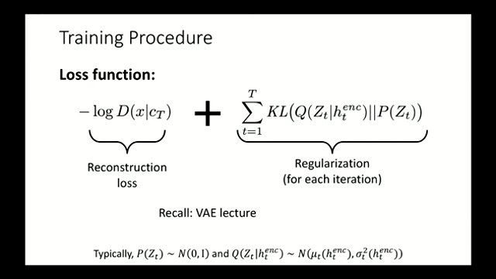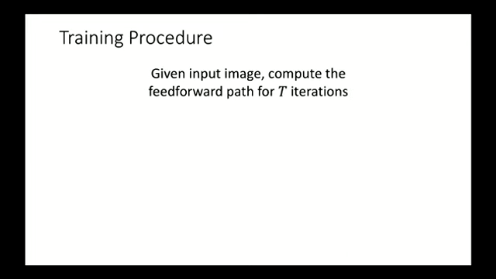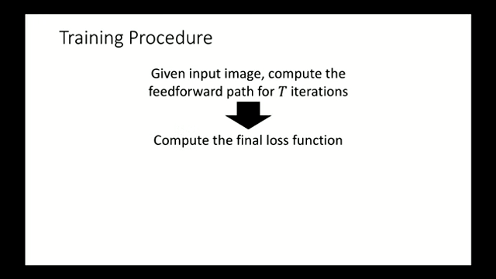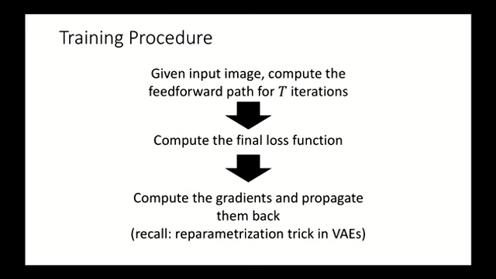Anything else? So now we understand training well. Given an input image, you compute T iterations in the feed-forward part, you compute the final loss function, you compute the gradients and propagate them back, and for propagating them back you have to use the same reparameterization trick as you saw in VAEs. But this is pretty standard stuff. So how do you test?